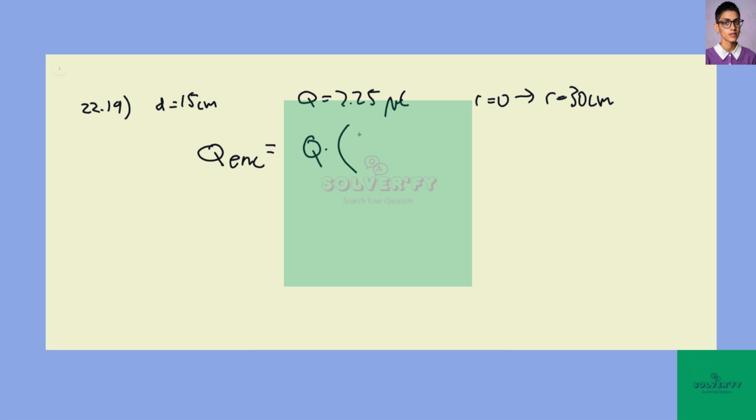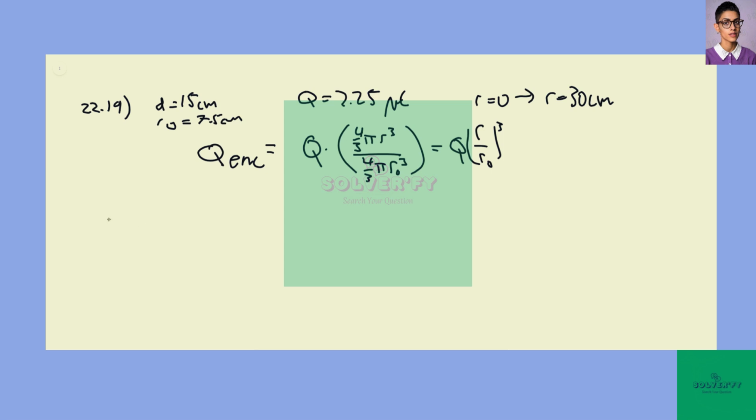So as a function of r, we have how much volume we've got over the total volume. So r naught here is d over 2, which is 7.5 centimeters. So we can see that most of this cancels out, and this is just q r over r naught cubed.